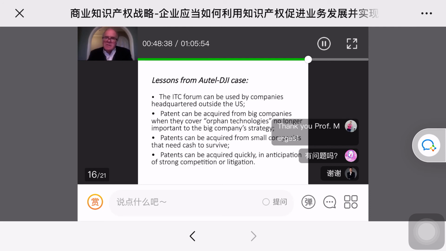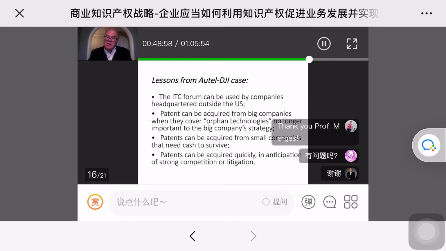But if you think about it from a business point of view, this case was filed in 2018. This International Trade Commission enforcement action was filed in 2018. The patents were only invalidated in the last few weeks. So for 2 years, Autel had a threat against DJI.